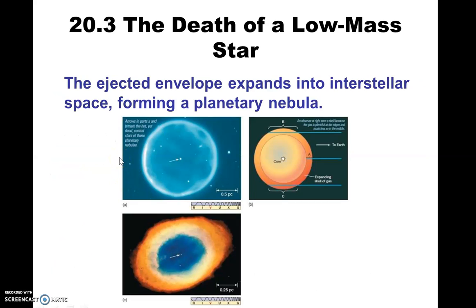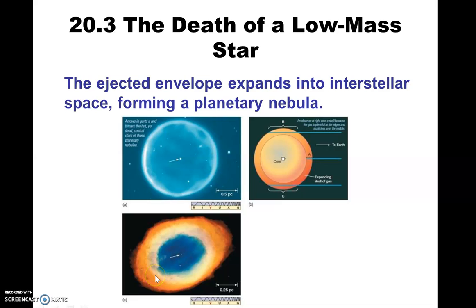And that is what we call the planetary nebula stage. All right. So the low mass star has grown. It has expanded so much that this shell of material, which is hydrogen, helium, some carbon, some oxygen, because that's what's been fusing.